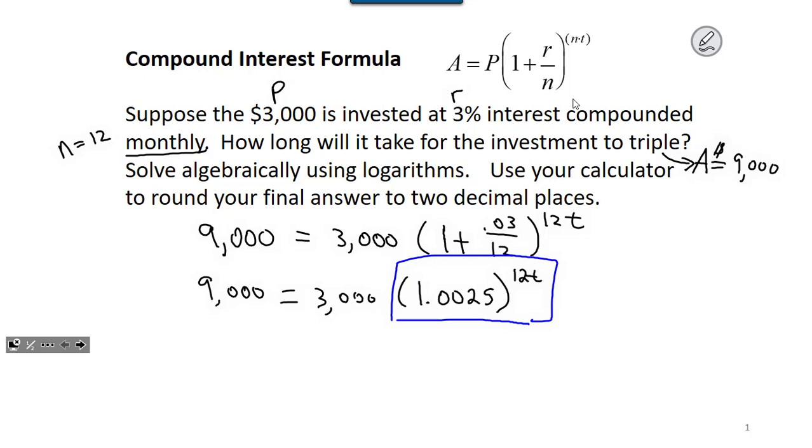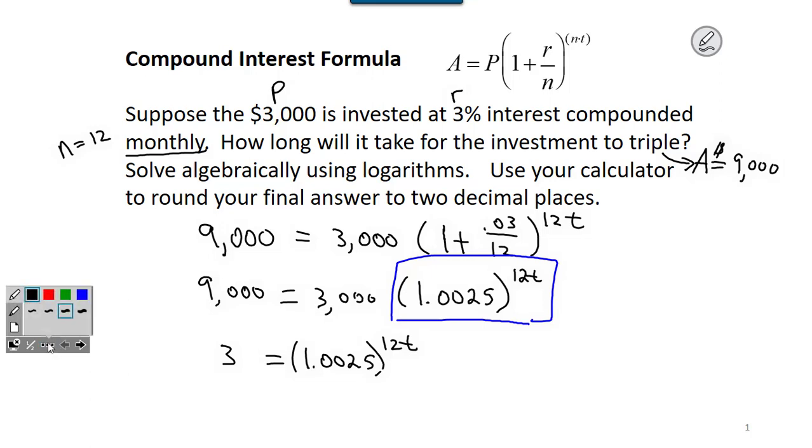If I divide both sides of that equation by 3,000, then what I get is that 3 equals 1.0025, all of that in parentheses, all that raised to the 12t.